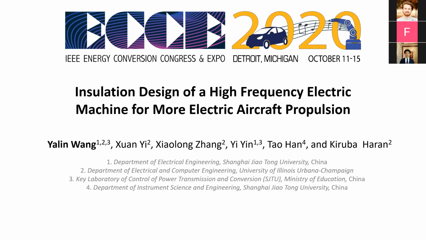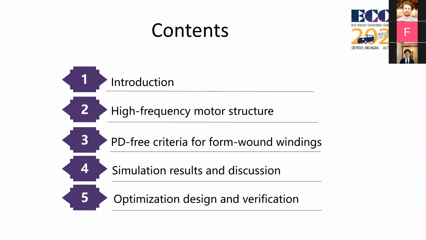So I would like to divide this topic into 5 sections as shown in the list. First, I will give a brief introduction about the more electric aircraft and the challenges for electrical motors that are used for electrical propulsion. Then I focus on the insulation structure of the high-frequency electrical machine, which is designed for the NASA project.